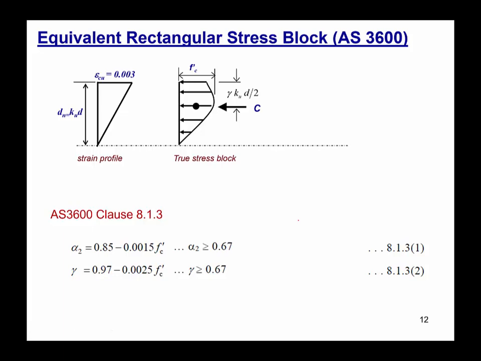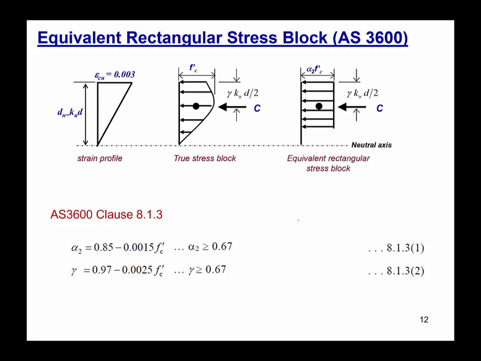So as you can see in AS3600, now we are only looking at the compressive side of the strain and the stress profile. As you can see, this concrete has just reached a compressive strain of 0.003, and the true stress block is represented by the nonlinear stress profile here, and the compressive force is acting at a distance of gamma kud over 2.